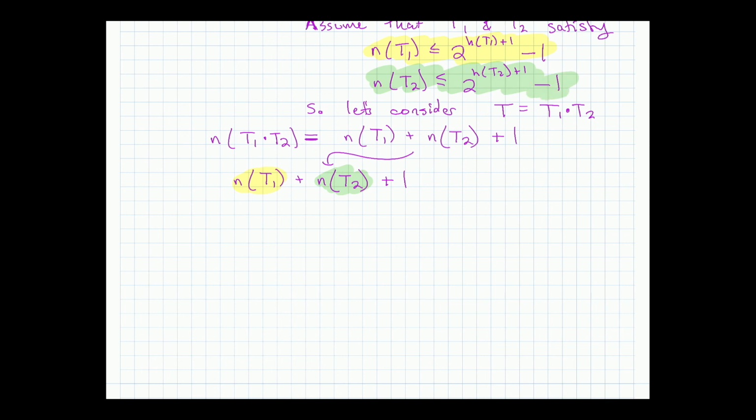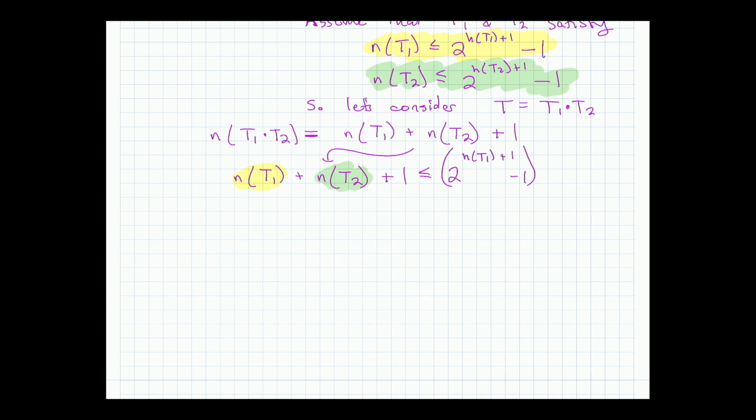So if you put those numbers in, this is all going to be less than or equal to, for T1, 2 to the h of T1 plus 1 minus 1, and then plus n of T2, which is 2 to the h of T2 plus 1 minus 1. And then you've got this plus 1 on the end.